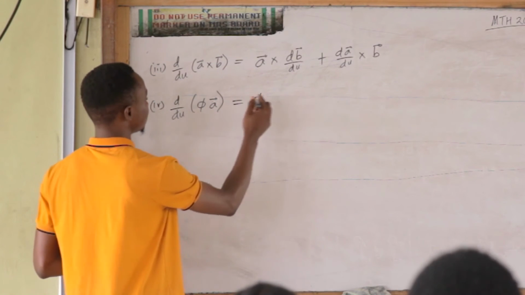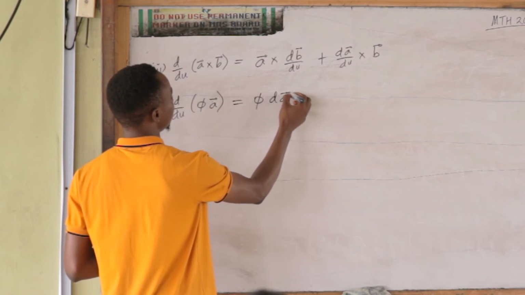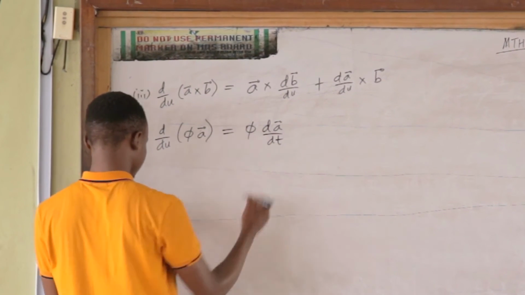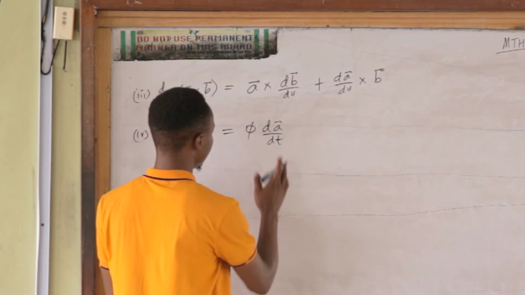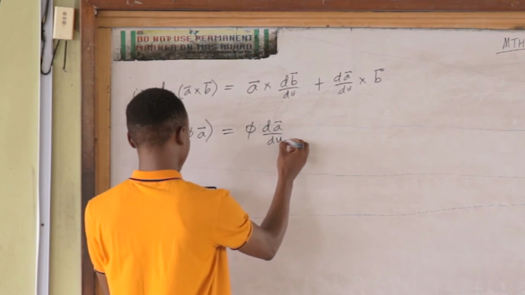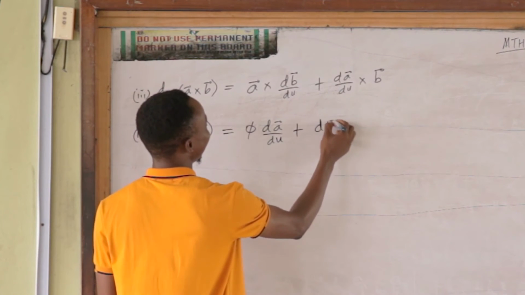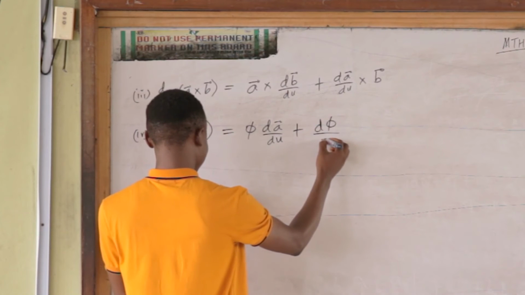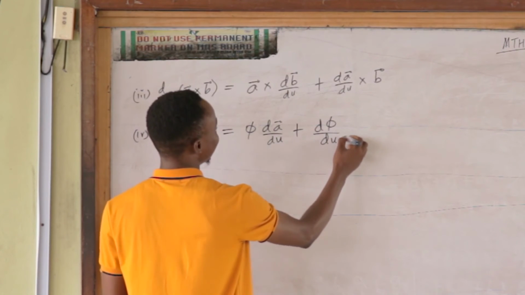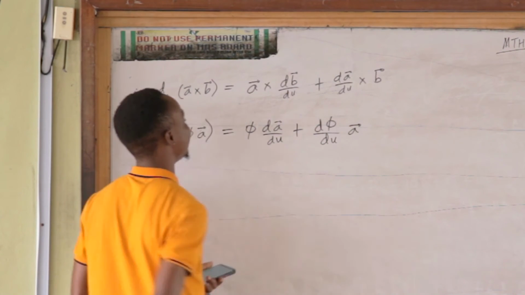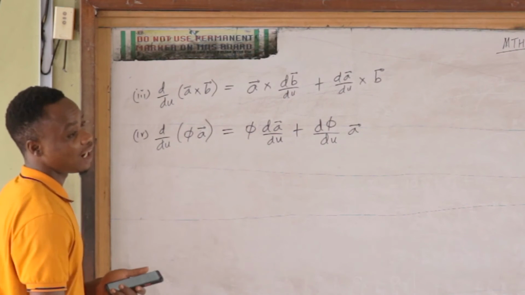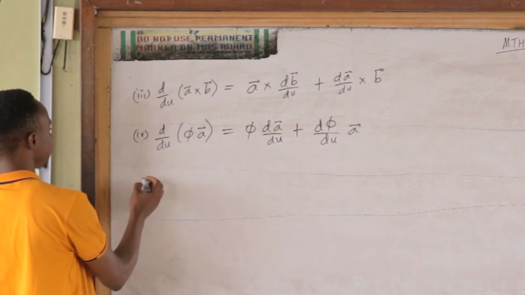I want to differentiate this. Phi A du. Just trying to preserve order. That is why I was doing it that way.